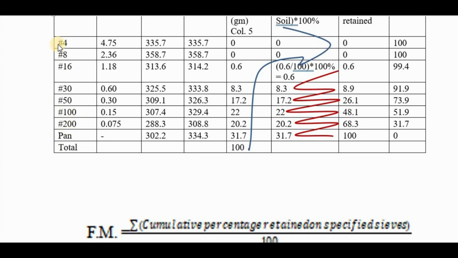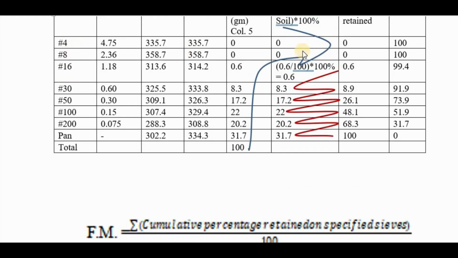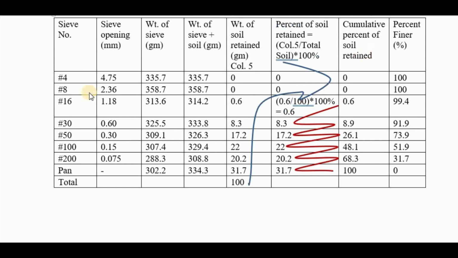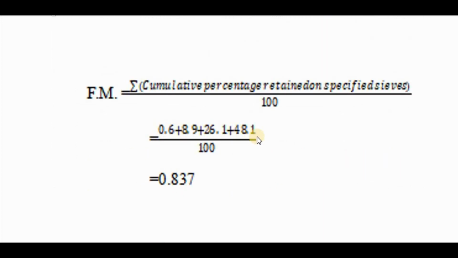So from 4 to 100, these are the standard sieves, and you have to take these values only. The retained on number 4 is 0, number 8 is 0, number 16 is 0.6, number 30 is 8.9, number 50 is 26.1, number 100 is 48.1, and this is the total here.